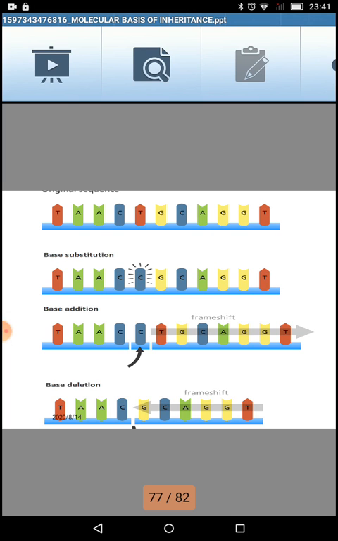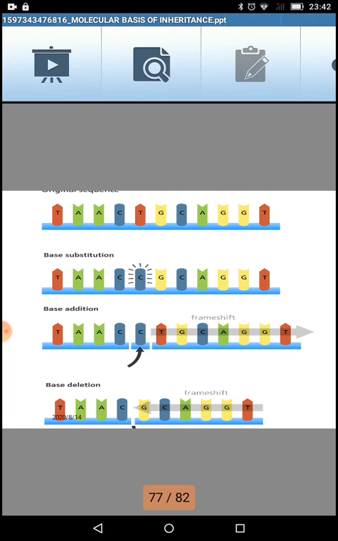There will be no change in the whole framework of reading. Just one amino acid gets changed. Originally, just imagine, lysine was going to be incorporated because of the triplet. Now because of the substitution, lysine is not going to be incorporated.